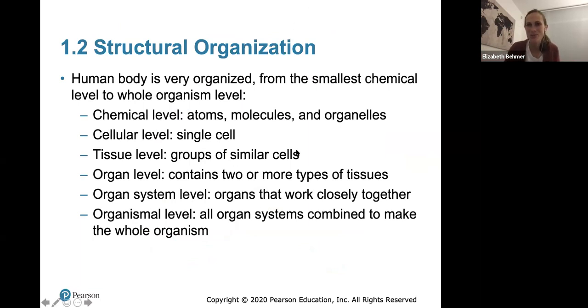So tissues are made up of specific types of cells, maybe a collaboration of cells. Tissues come together to form organs, which contain 2 or more types of tissues. And then organs work closely together to form one of the 11 organ systems in the body. And then all 11 organ systems form the organism, if we're talking about a human. So these are all the organ systems combining to make the whole organism.